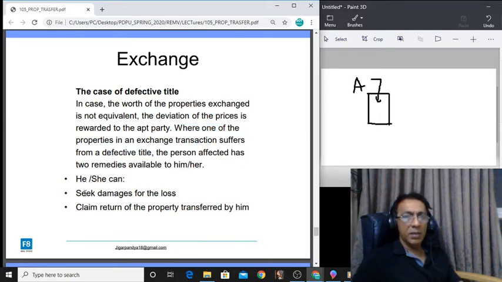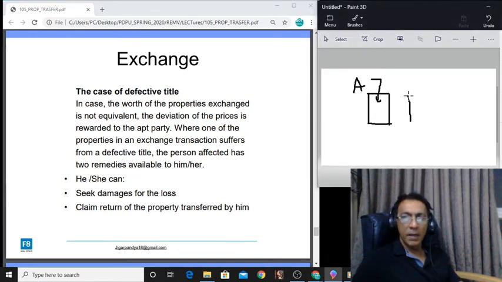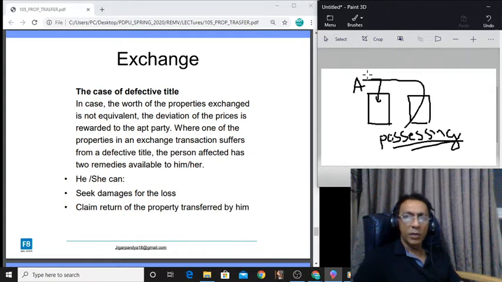Secondly, they could seek some damages for their loss, and they could claim the return of the property transferred. But you have to understand that once possession is given within the exchange deed, it becomes difficult for the court of law to reward the property back to A. You know that this property is defective, so this property will go back to A from B. This would be difficult if possession is given.